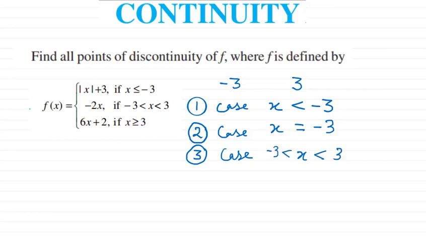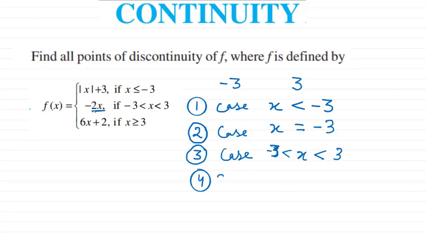We can go up to 3 only. After x becomes bigger than 3, the other function comes in. That's why we limit our third case to between -3 and 3.